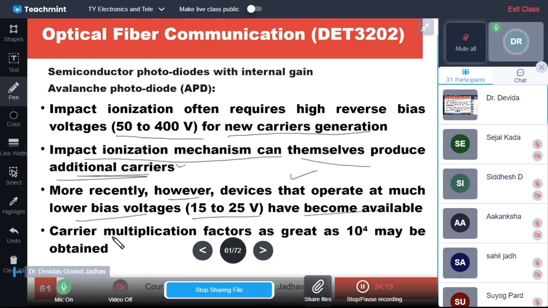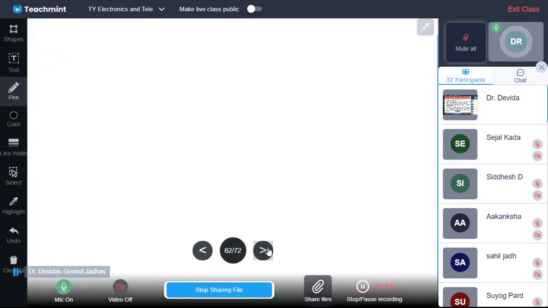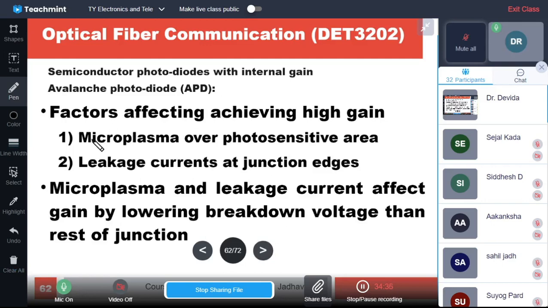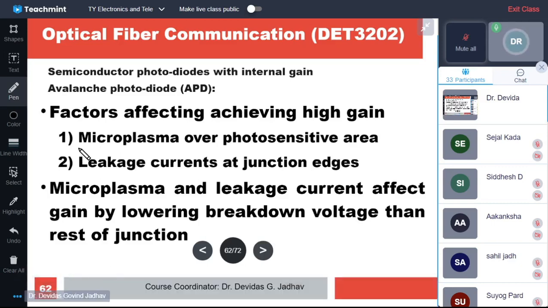The carrier multiplication factor, gain, is of the order of 10 raised to 4, maybe 1000, maybe 5000, maybe 10,000. Again, the affecting factors in this device.